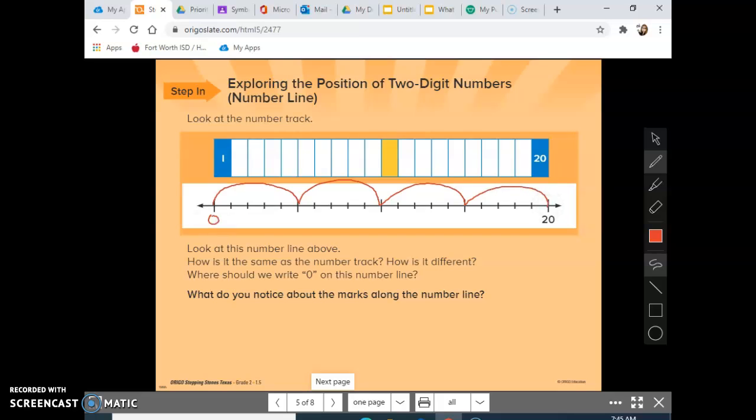And the smaller lines in between represent the numbers that come between these numbers. So between 0 and 5, I have the numbers 1, 2, 3, 4. Between the numbers 5 and 10, 6, 7, 8, 9, and so on.